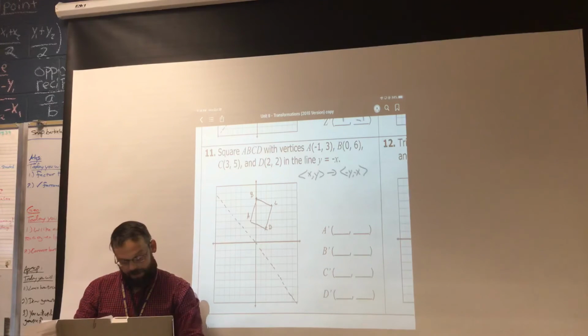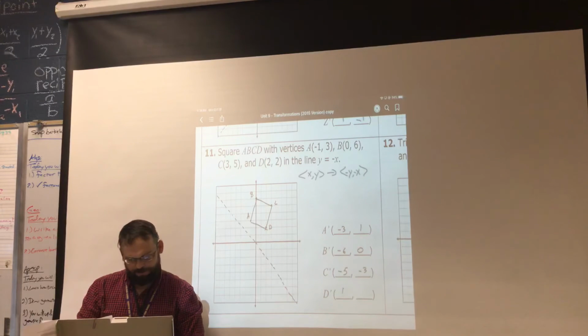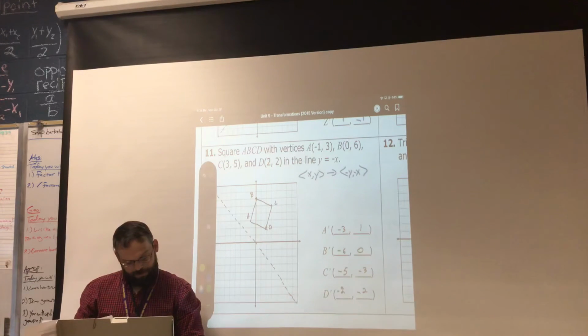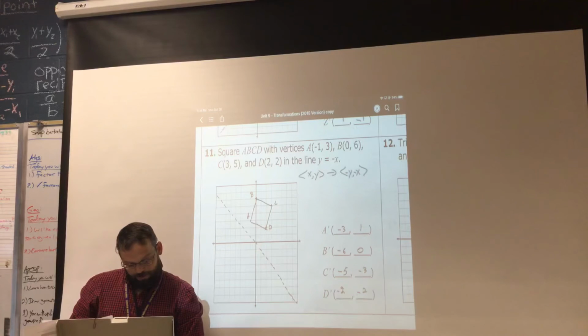So for A prime, that's going to be negative 3, 1. The B value is going to be negative 6, 0. That's going to be negative 5, negative 3, and a 1. I'm sorry, negative 2, negative 2. Don't know where that came from. So when I plot those, 1, 2, 3, 1, there's that one. So this is going to be your A prime, B prime, 1, 2, 3, 4, 5, 6.